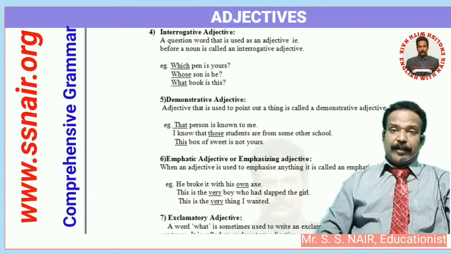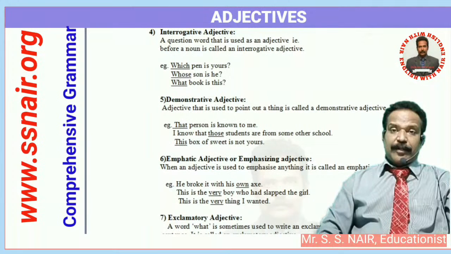So we've seen how we can label 8 types of adjectives, and we understood them with examples. Now some grammarians have also divided them into 4 other types. So let us go into that also in detail. They are predicative adjective, attributive adjective, compound adjective, and proper adjective.